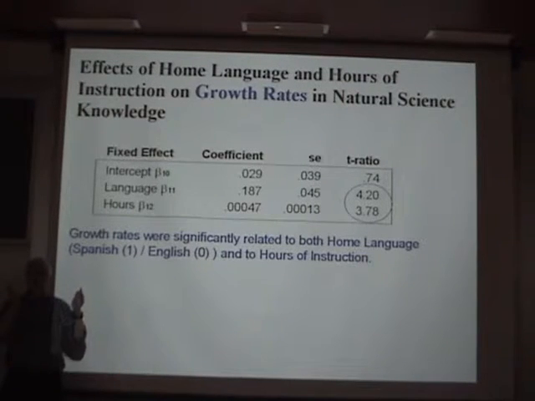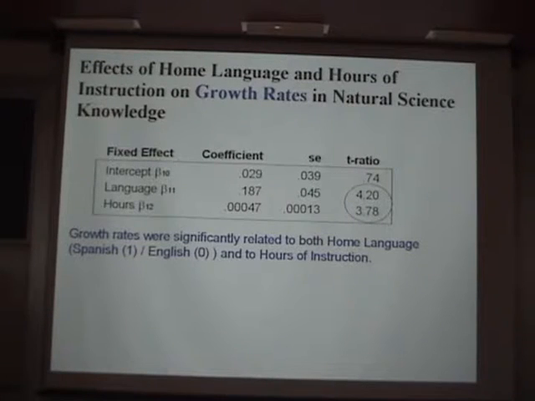So they're catching up very quickly. Within a very few months, they started out at negative 0.46 logits, and they're catching up at 0.187 logits per month. So within like 2.5 months, they're caught up to the English-speaking kids. So that's good news. So the trajectories are a lot steeper than they are for the English speakers.